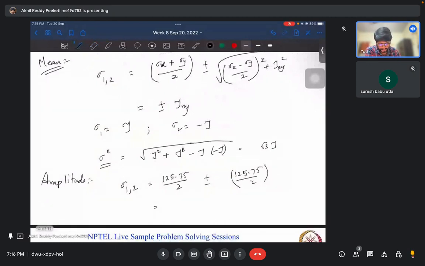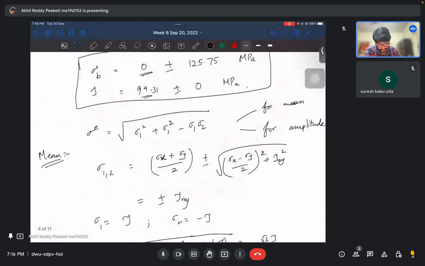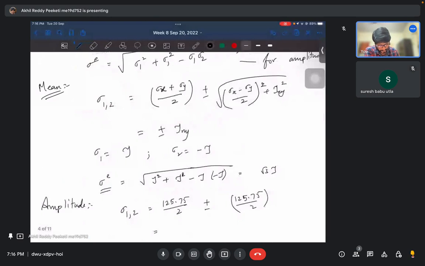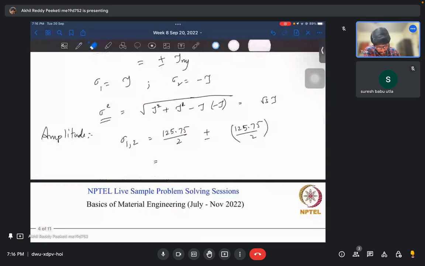We already have only sigma, there is no tau, right? So this is the actual stress. So sigma 1, 2 would be 125.75 and 0.